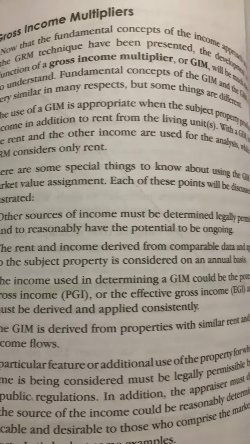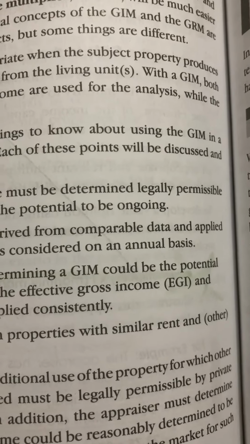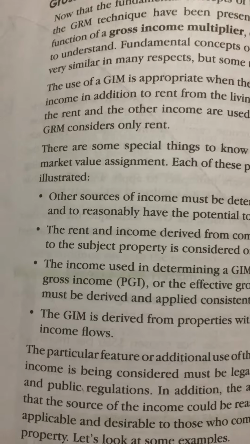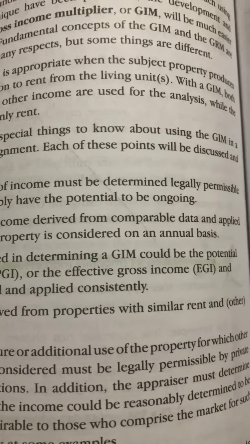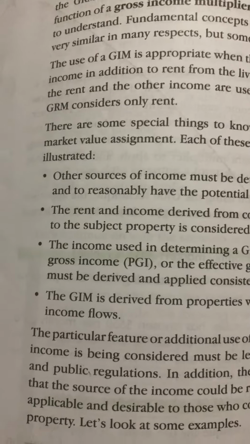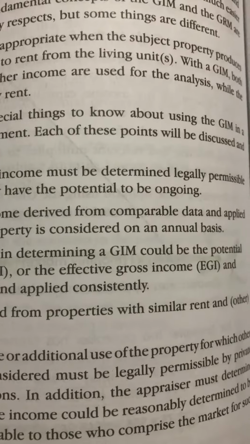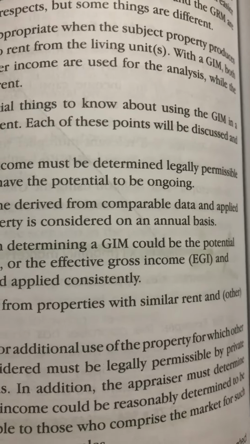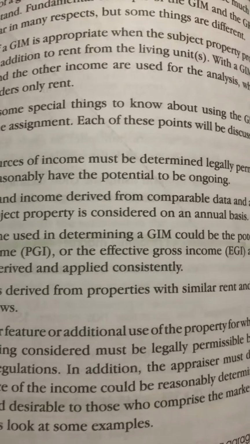There are some special things to know about using the GIM in a market value assignment. Each of these points will be discussed and illustrated. Other sources of income must be determined legally permissible and to reasonably have the potential to be ongoing.